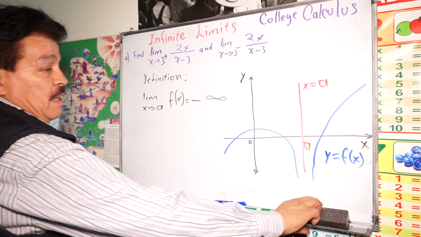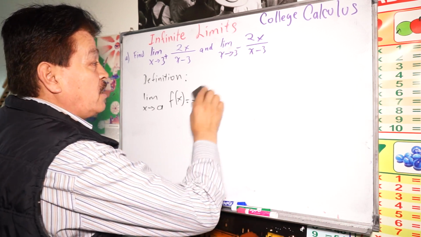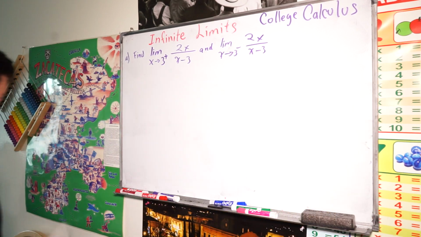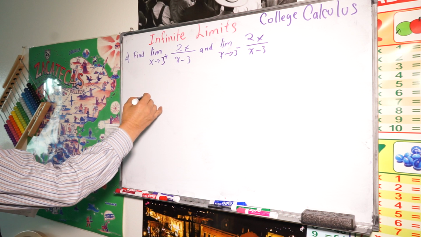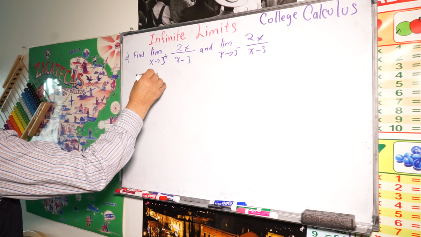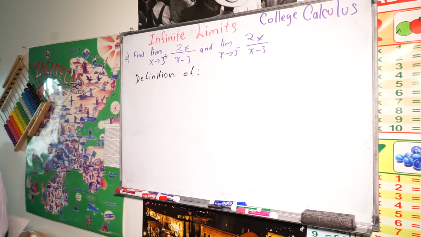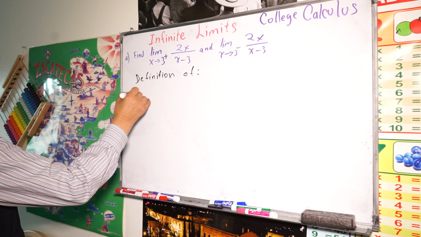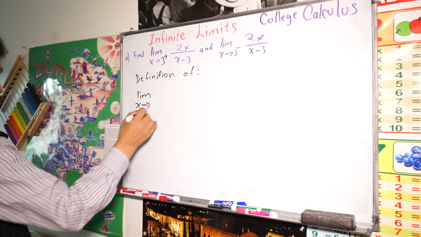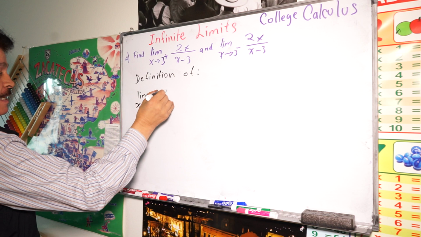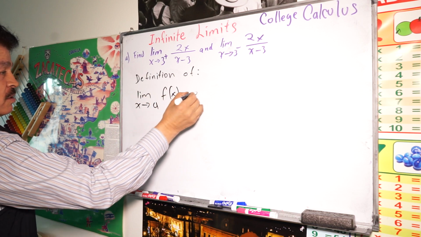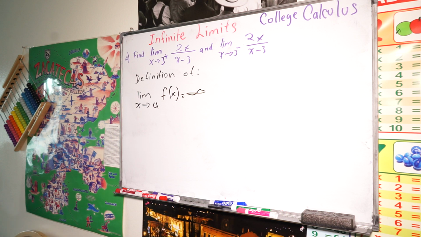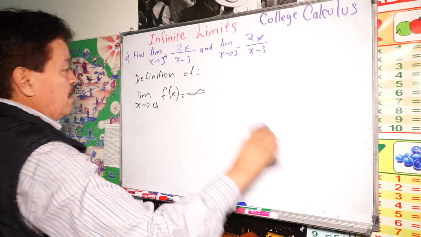Okay, so let me show another definition of limit in the graph. Is when you have this definition of limit when x approaches a of f of x equals, like that.